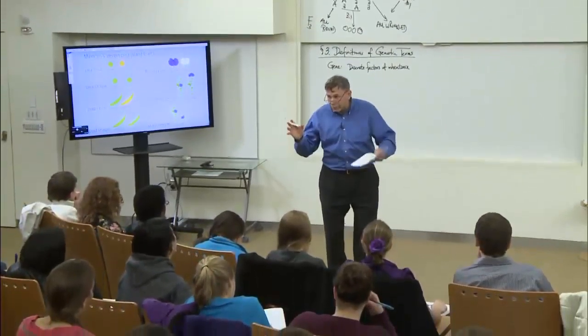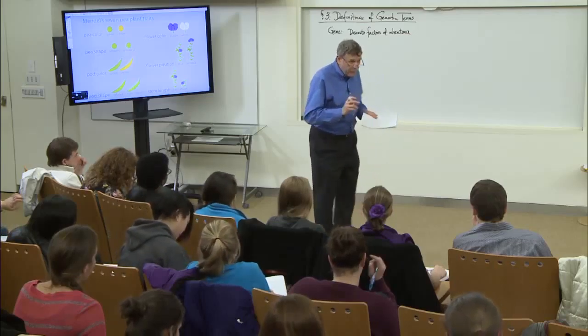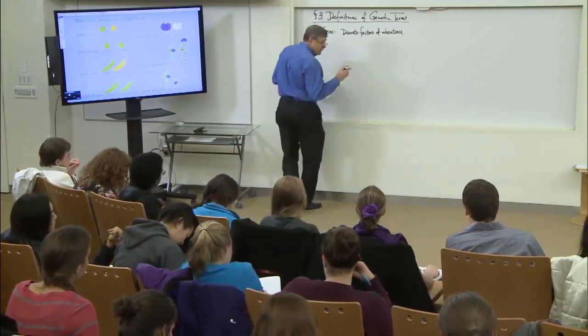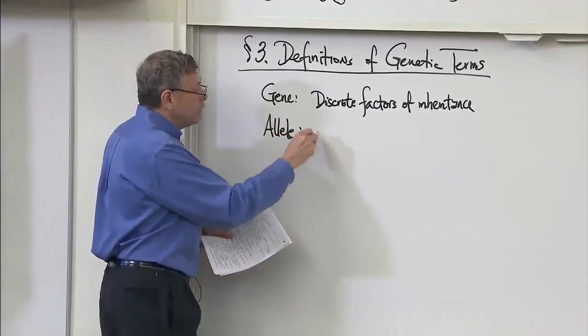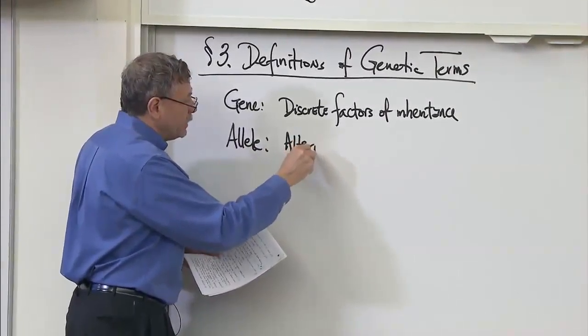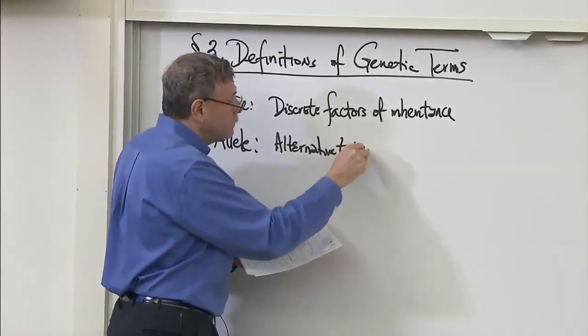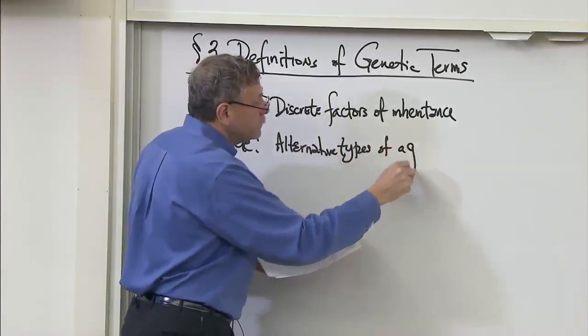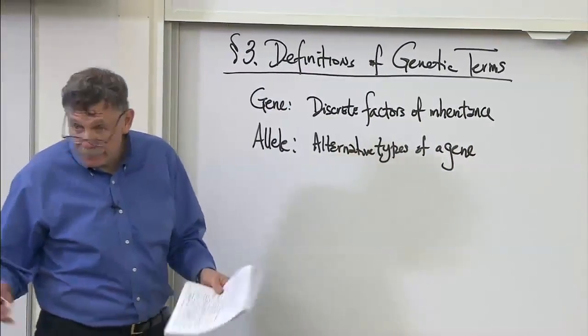There's a gene, some kind of a particle, and it comes in different types. The alternative types of that gene are called alleles, the alternative types of a gene. Allele from the Greek meaning other or alternative.